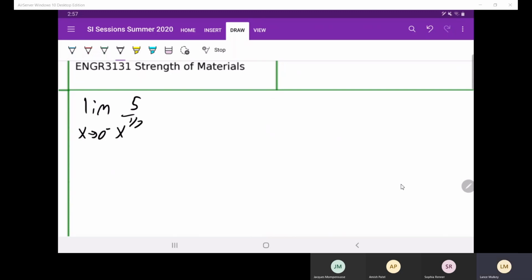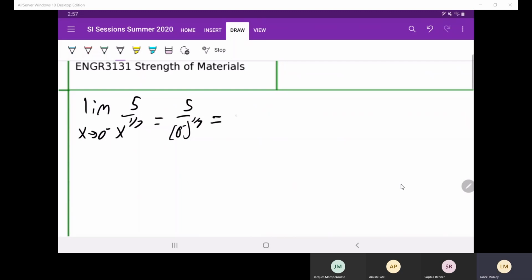So the limit as x approaches 0 from the left of x to the -1/7. So that equals 5 over 0 negative to the 1/7. Now you're taking an odd root, so it doesn't have to be a positive number. It can be negative. So since it's negative, it's going to stay negative as well.